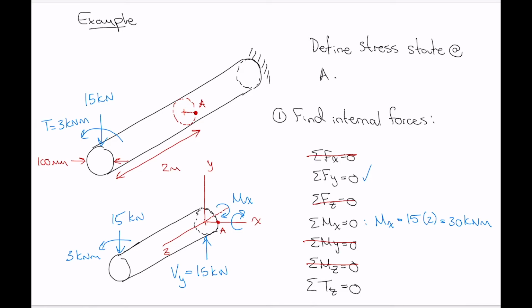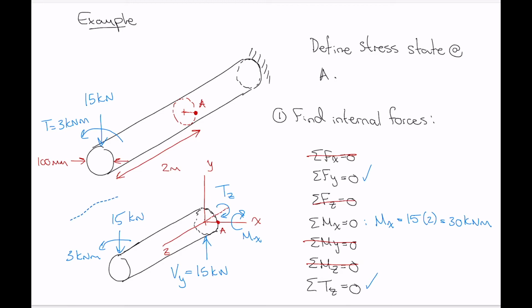Let's move our label for Mx down here, and then this is T subscript Z, our internal torque about the z-axis in the opposite direction as the 3 kilonewton meter applied torque. Okay, so we've done this one too. Now we've got our internal forces taken care of.